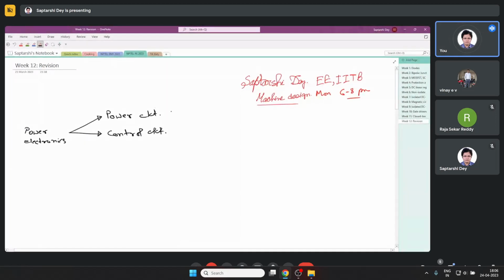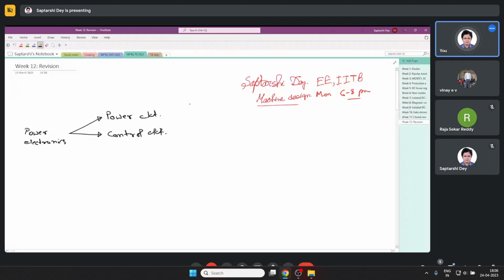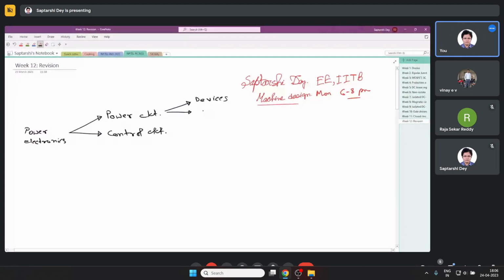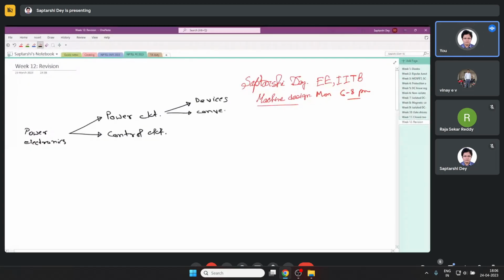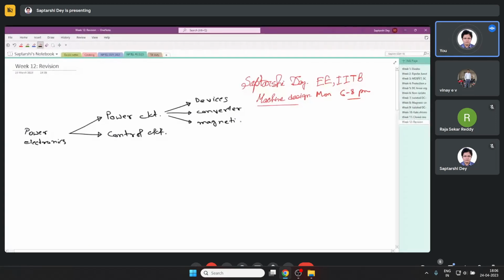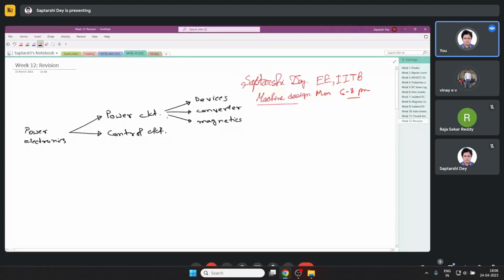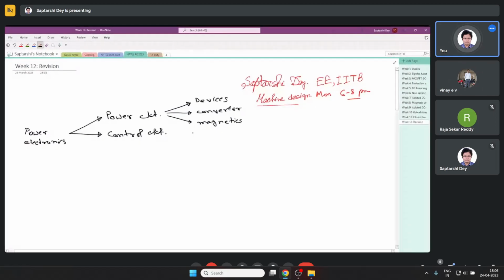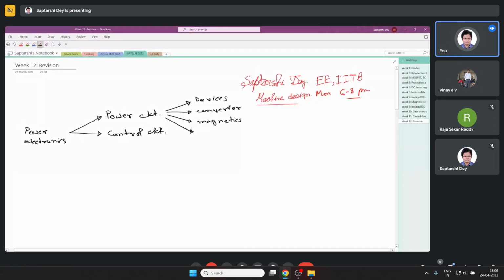Now in the power circuit, mostly we talk about devices, the converters, the circuits themselves. Then we talk about magnetic circuit designs, and in some advanced research courses people talk about capacitors.